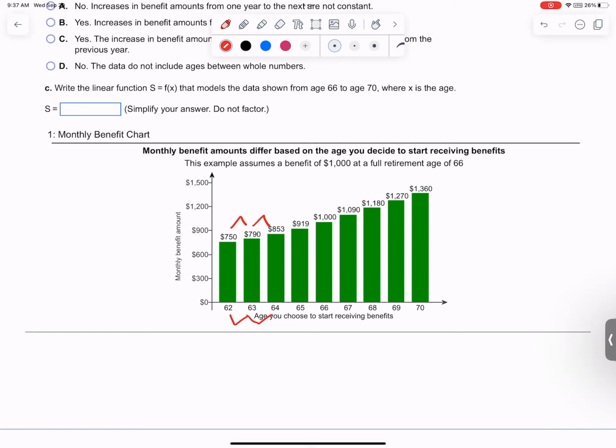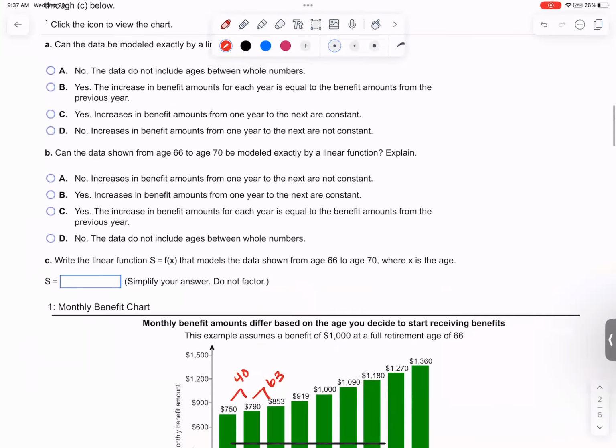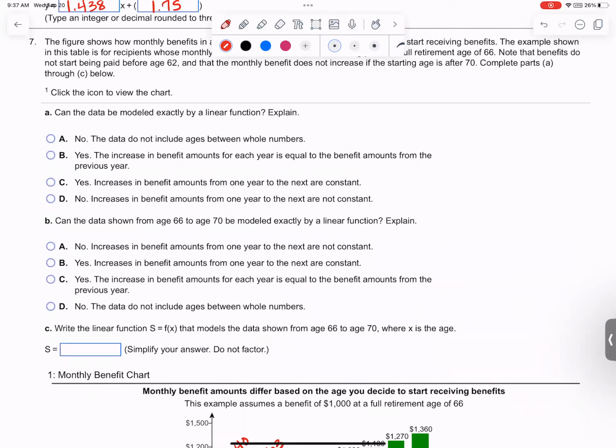For it to be linear, each difference in payment must be identical. And what is that going to be? Is that 63? So since the amount paid is not exact from year to year, this cannot be modeled exactly by a linear function. Okay, so the answer is no, but you've got two choices for no.